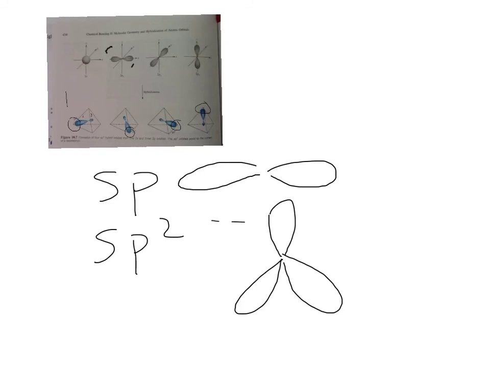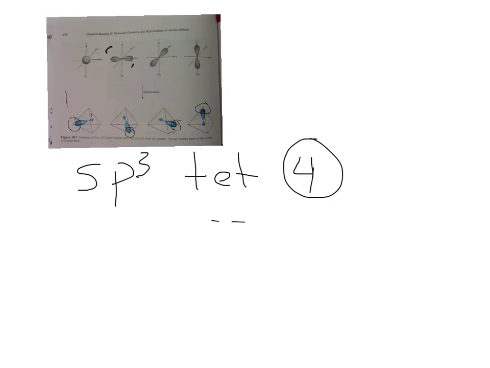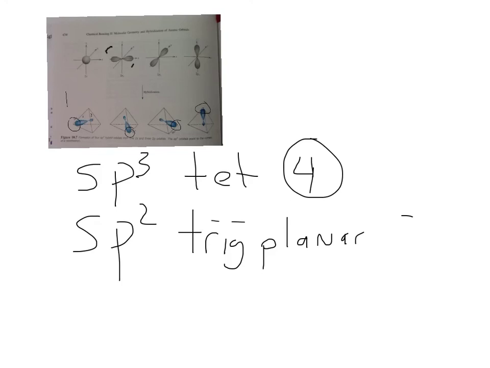Okay, we also want to review a little bit further, as we were saying, that sp3 goes along with your tetrahedral arrangements. That's because you need 4 hybrid orbitals. So if you add up the total number of atoms bonded to the central atom and the total number of lone pairs on the central atom, if you come up with 4, you know it's sp3 hybridization. sp2 goes along with your trigonal planar arrangements, and that deals with 3 hybrid orbitals.